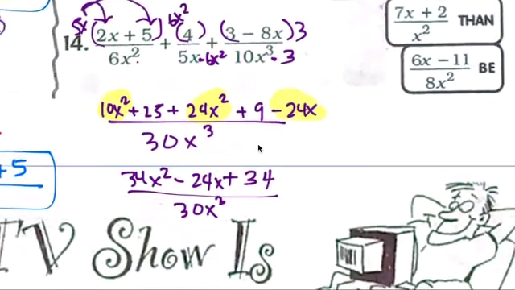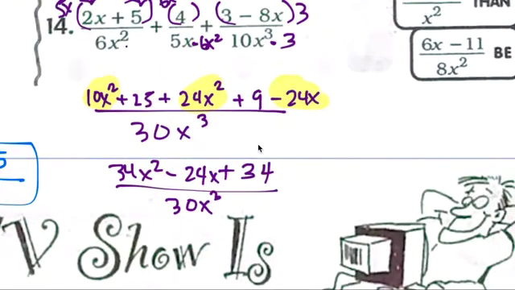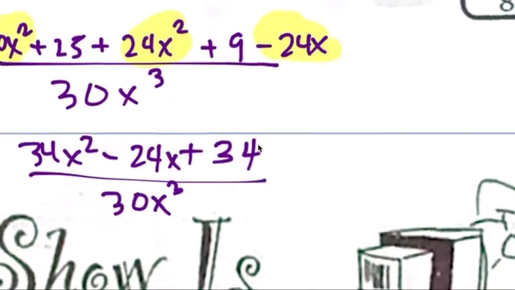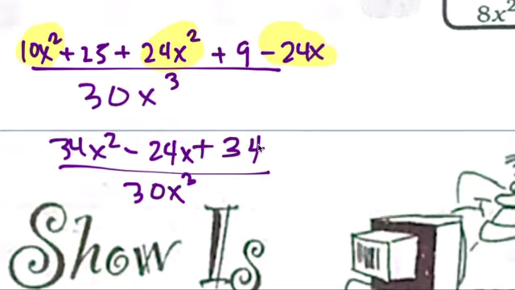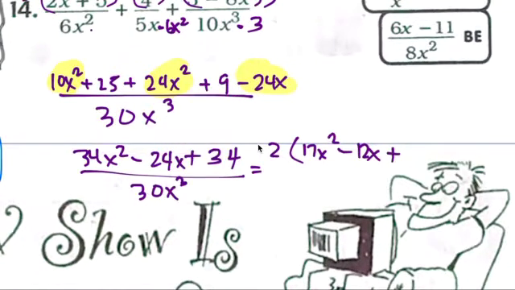Now the numerator we can divide by 2. Factor out by 2, we get 17x squared minus 12x plus 17.